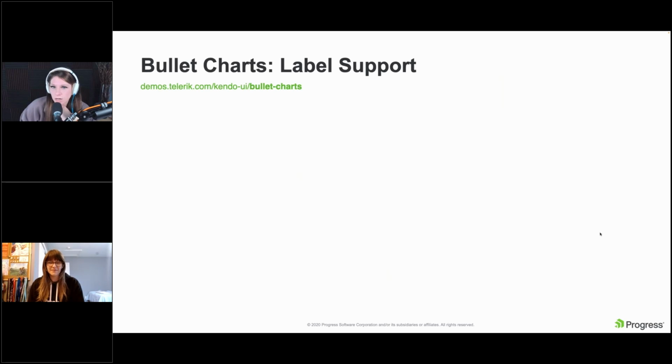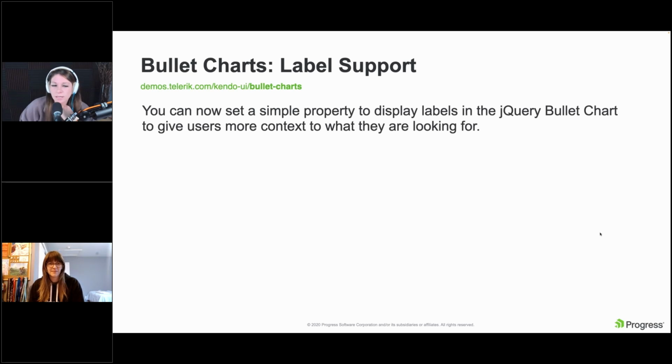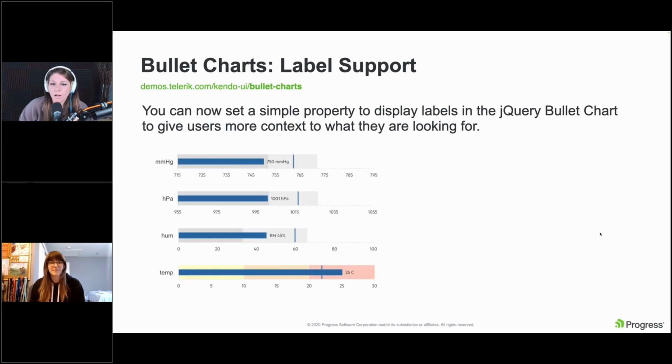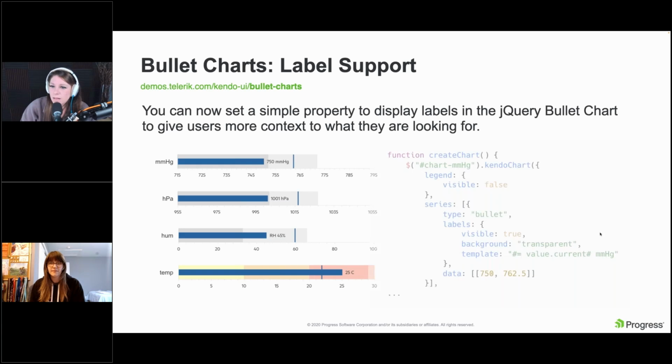The bullet charts got label support. You can set a simple property to display labels in the jQuery bullet chart and give a little bit more context. I actually do have a demo of this where we can play around with it. I think I have the code pulled up here too, where you're specifying the label.